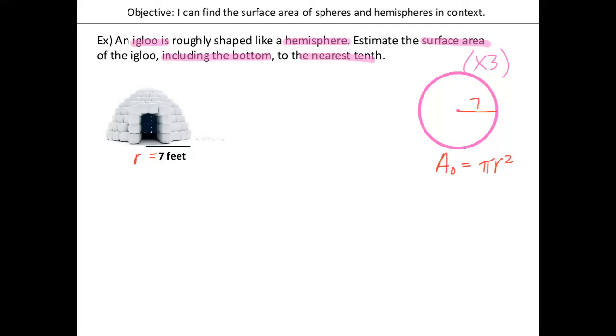And because I have 3 of them, my formula is going to be 3 pi times r squared. So 3 pi times 7 squared for my hemisphere. And this one, I am only calculating it for 1 igloo. So whatever you get, that's going to be your answer to this problem. So calculator, you're going to do 3 pi parentheses 7 squared.